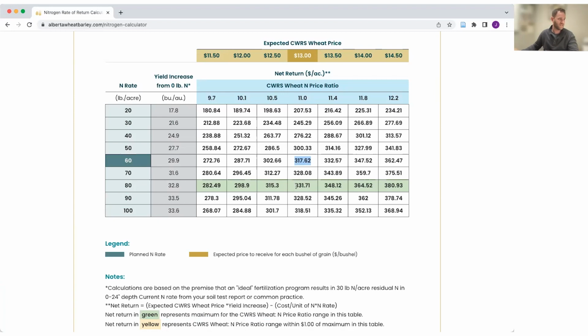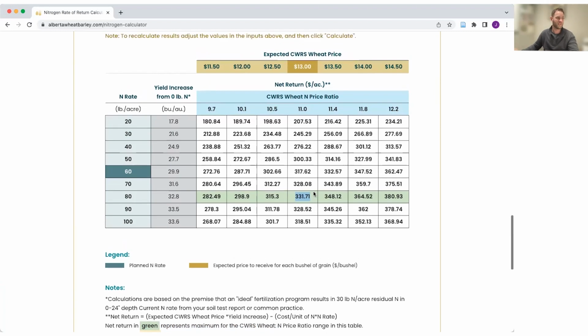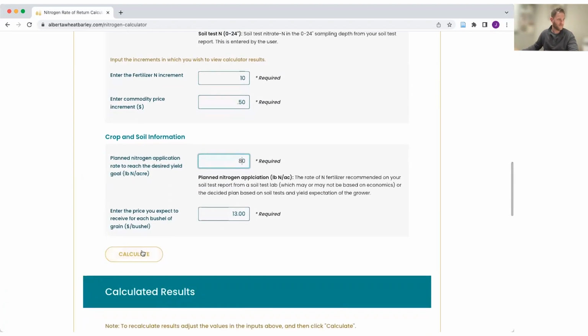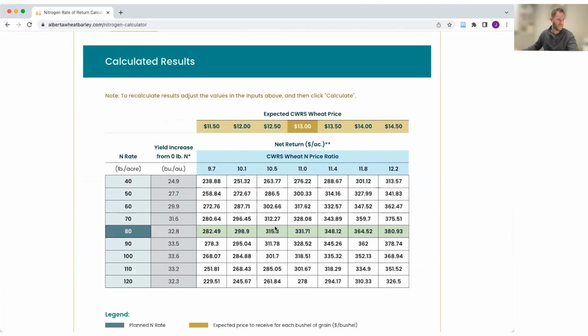If we increase that to 80 pounds of nitrogen, we would get a 32.8 bushel increase above and beyond 0, and we would be in a net return of $331.71. So we're going to go back to the calculator, change that to 80 pounds, and calculate, and you can see now we're sitting exactly where we need to be.